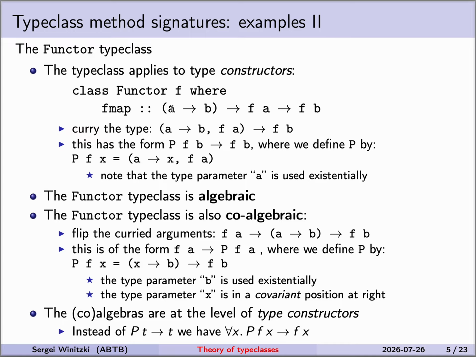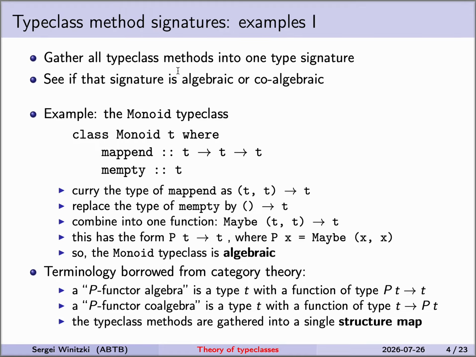It's more complicated. But what we need to do is transform this type signature into an equivalent type. And also, because this type class applies to type constructors and not just to types, we need to change the type signature a bit. So whereas the usual type signature for an algebra is p t to t, where t is a type, when t is a type constructor this cannot be a function.